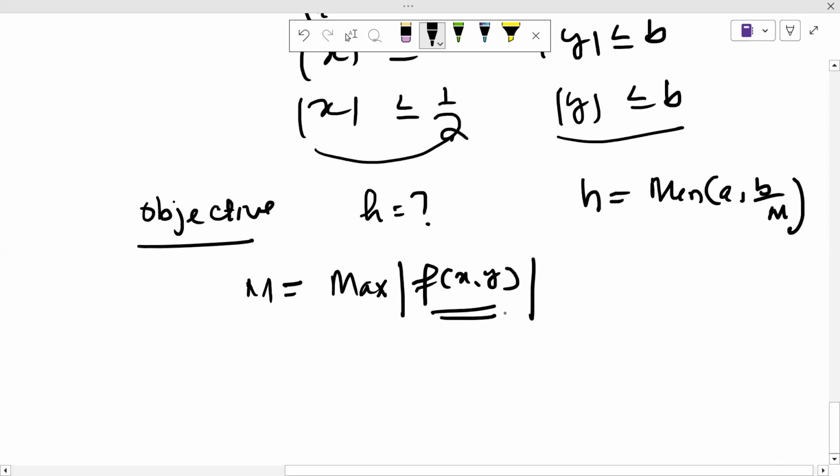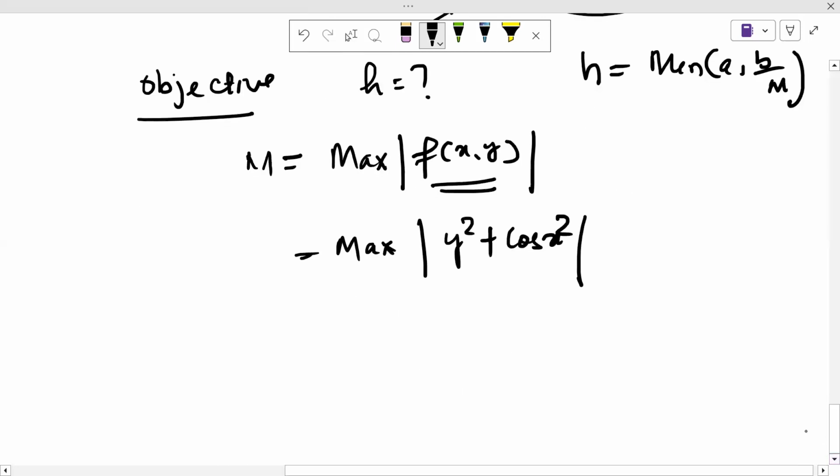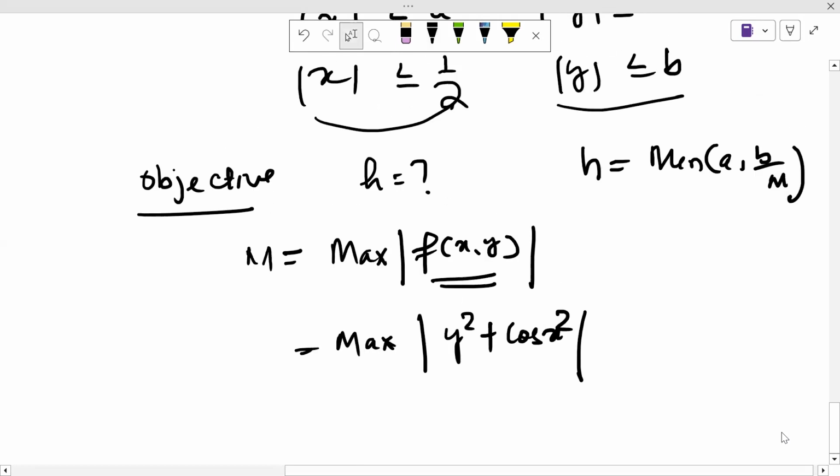What is f of x, y? y square plus cos of x square, right? So we just need the maximum value. What is the y value represented by? Mod of y minus y0 is less than or equal to what? b. So the maximum value of y is b.